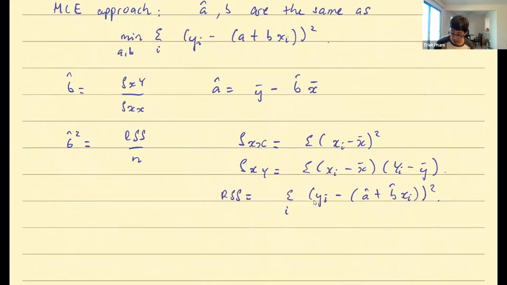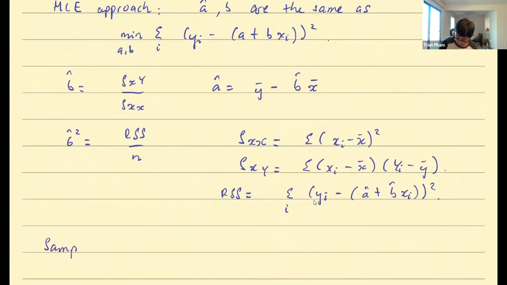And then you ask about properties of the estimators, including sampling distribution. And actually sampling distributions will give us the other properties such as bias, or confidence intervals, that kind of stuff.